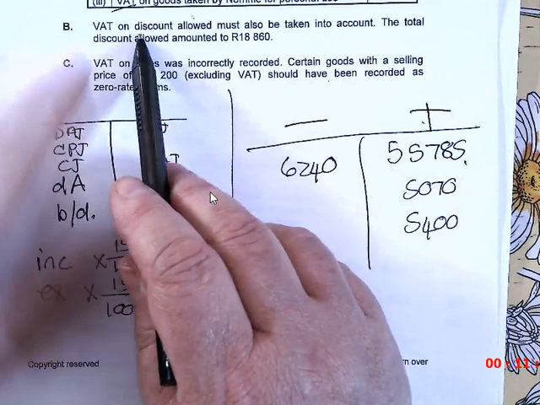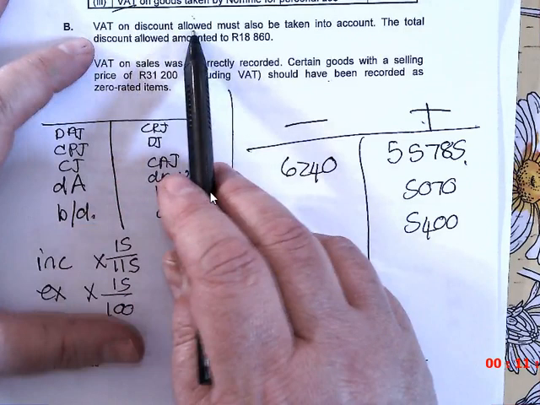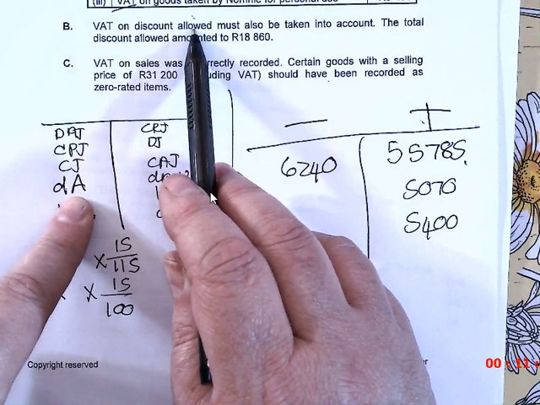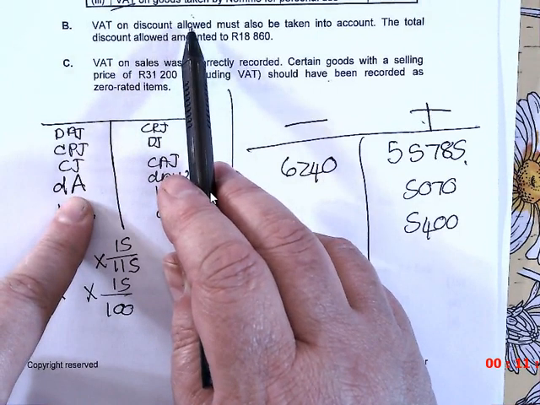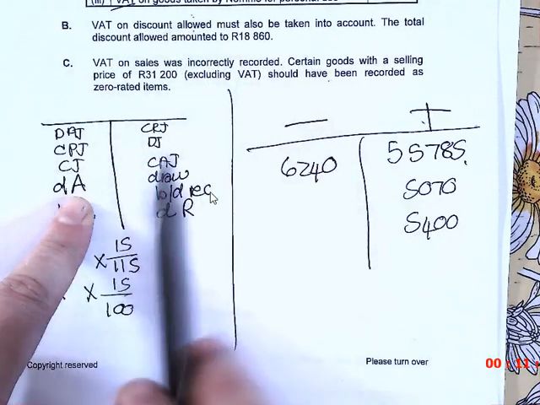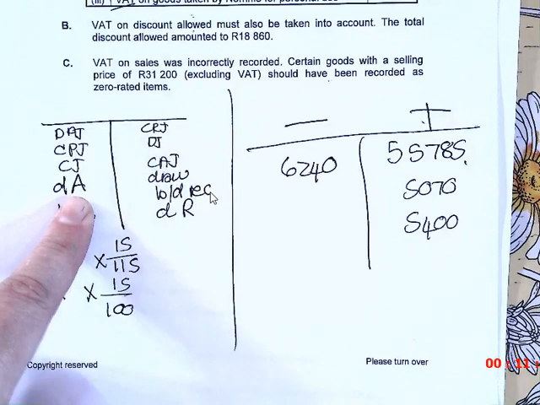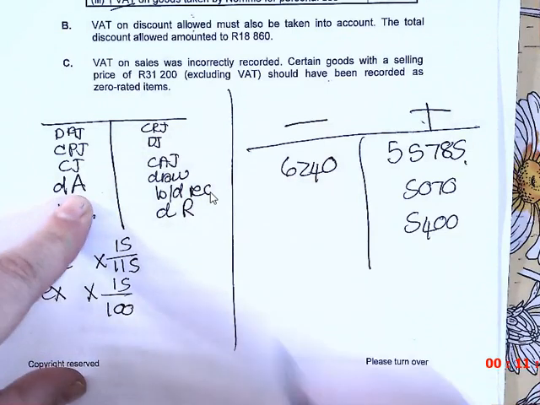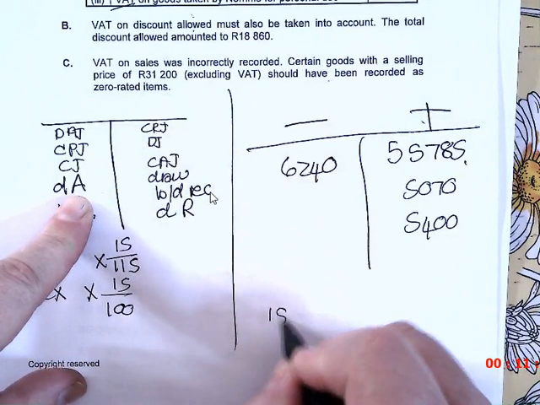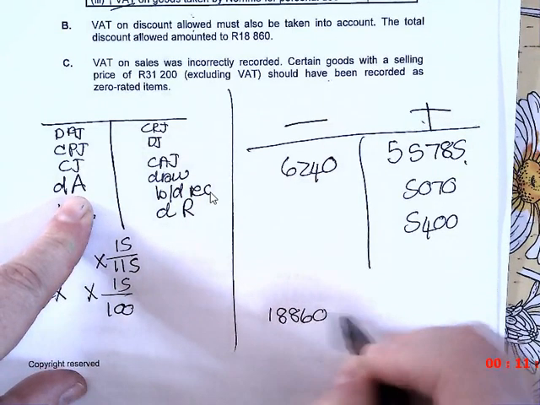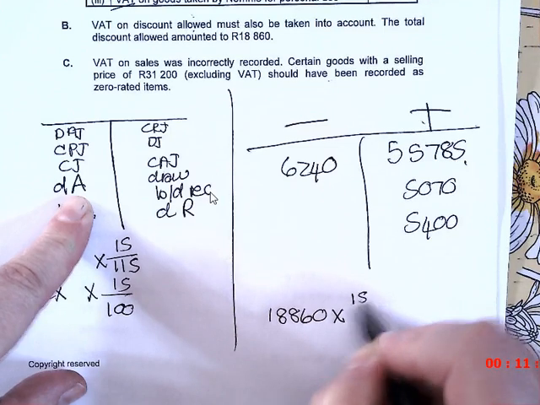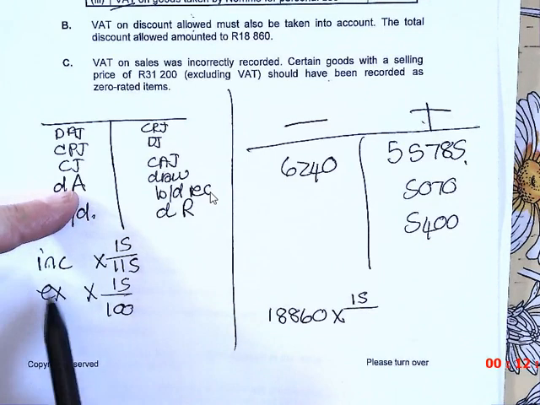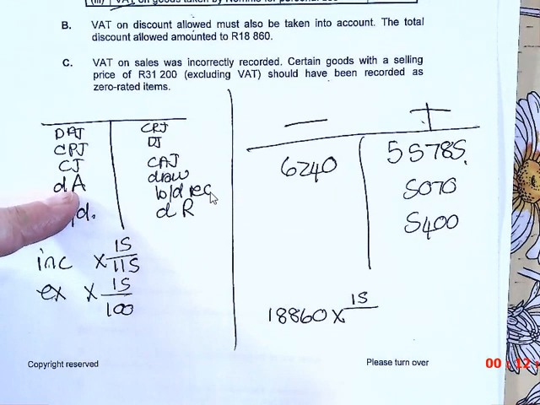VAT on discount allowed, which is debit, must also be taken into account. The total discount allowed amounts to 18,860. So now I need to go calculate the VAT on 18,860. Now I ask you, VAT on discount allowed, do you think it's inclusive or exclusive?